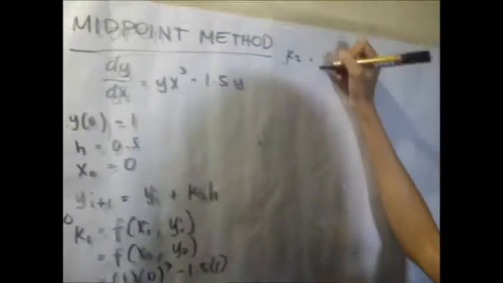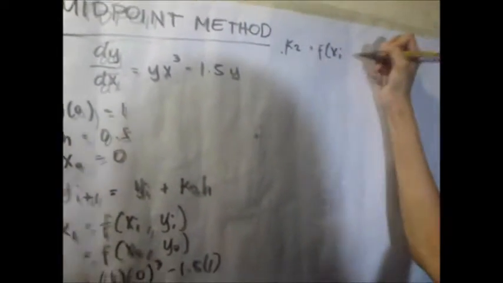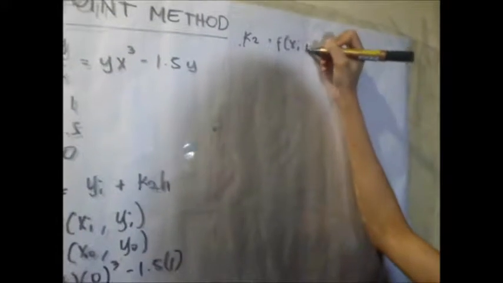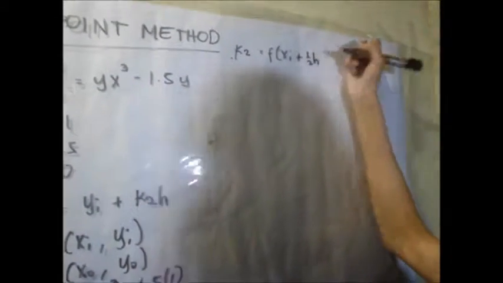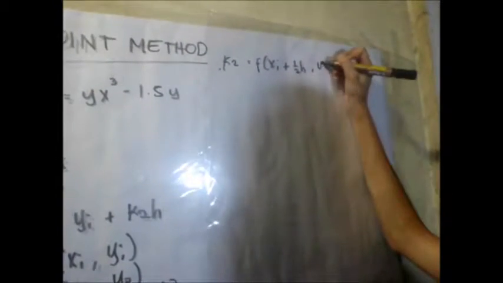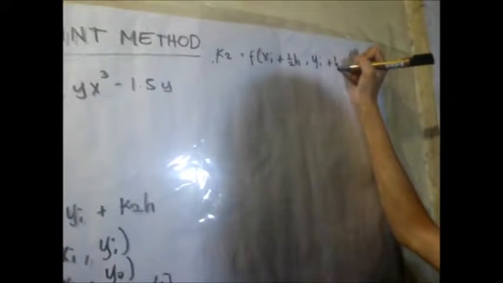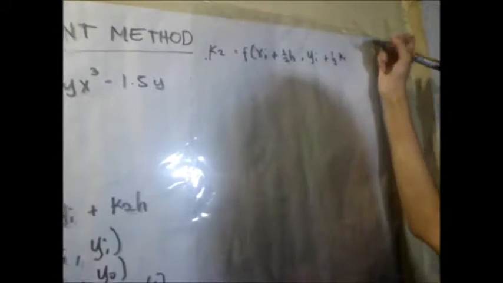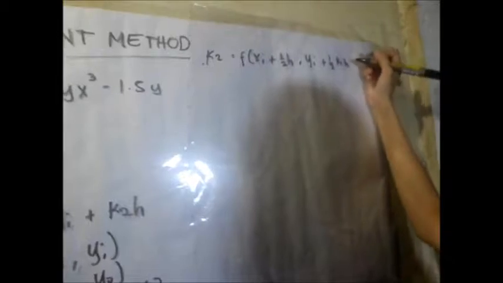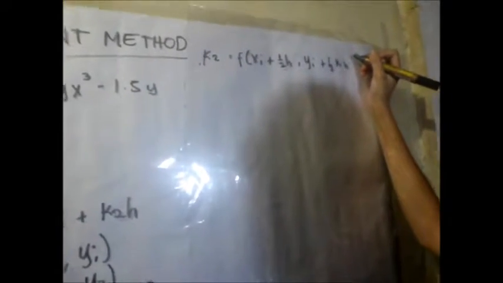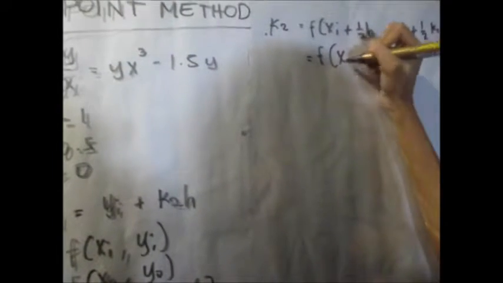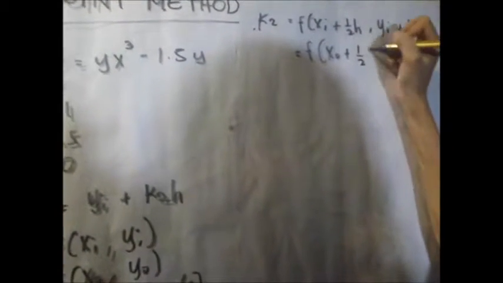So for the k2, we have f of x sub i plus 1 half h, comma, y sub i plus 1 half k1 times h. So, here, we have f of x sub 0 plus 1 half h, comma, y sub 0 plus 1 half k1 times h.